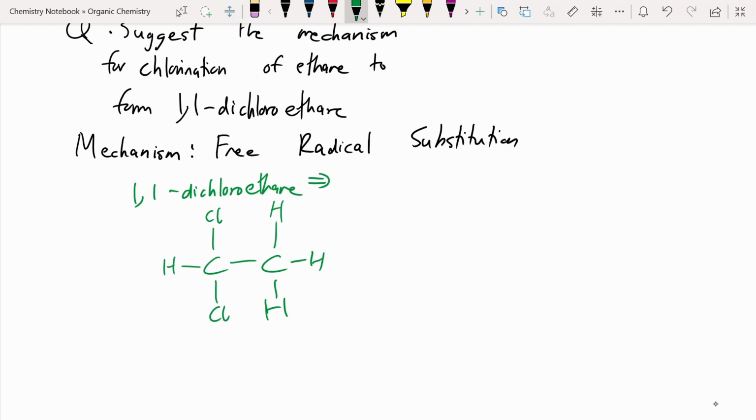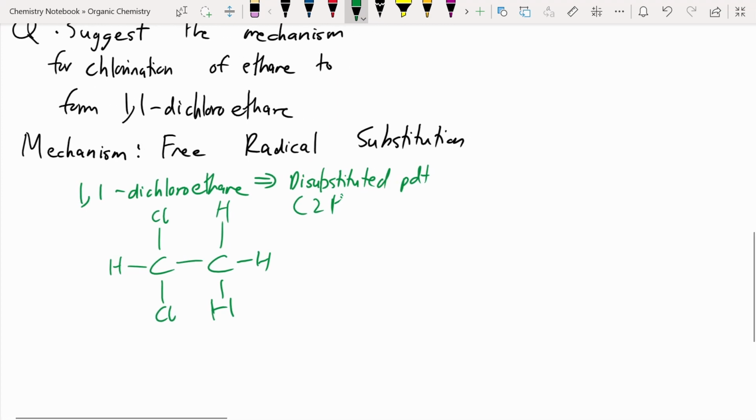And this is a di-substituted product. So 2 H atoms from C2H6 are replaced.